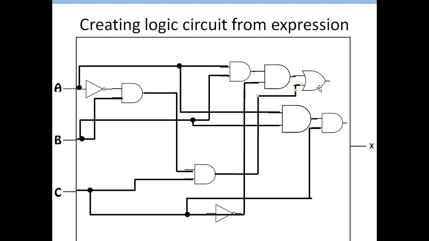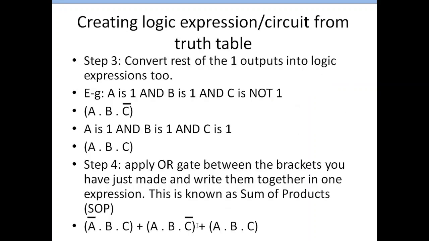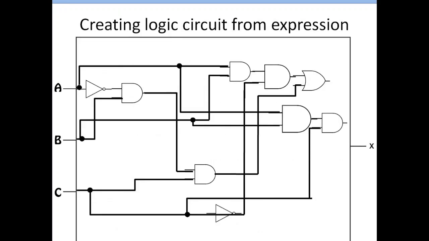There you go. Now we're left with this OR gate and this AND gate, and we are left with this OR gate over here. So we would apply our final OR gate at X like this, and we'll have to connect these both gates with this OR gate.